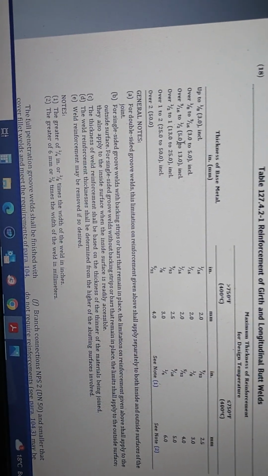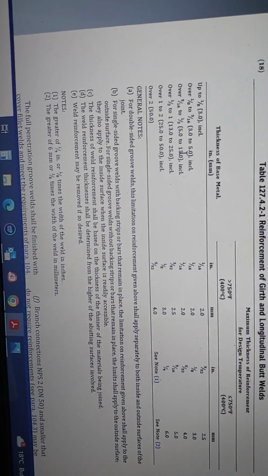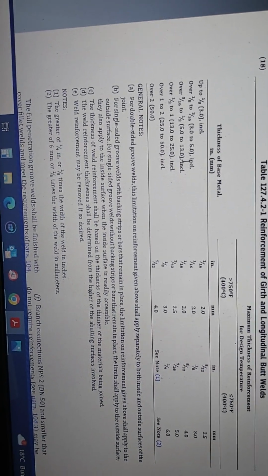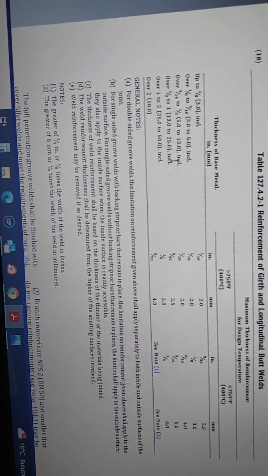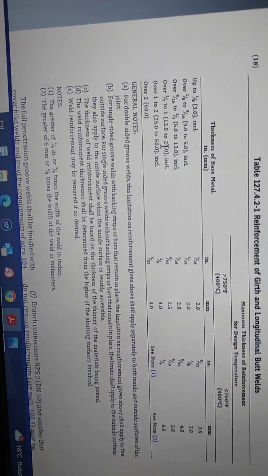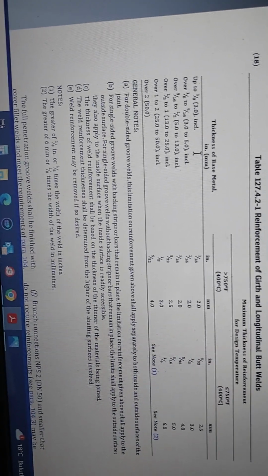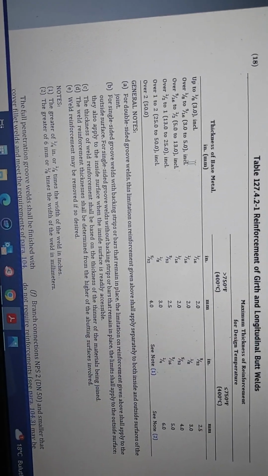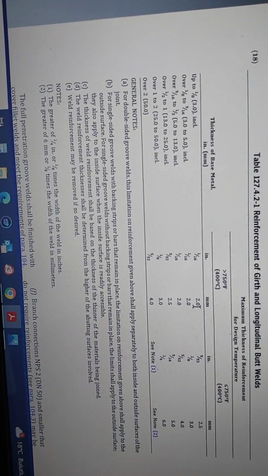Up to 3 millimeter, 3 to 5 millimeter, 5 to 13 millimeter, 13 to 25 millimeter, over 25 millimeter.